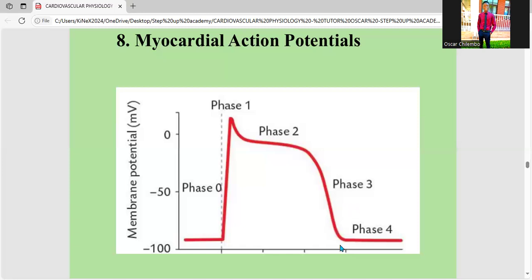So now we have phase 4, which is the resting membrane potential. What is causing the resting membrane potential in phase 4 is that there is actually high permeability of potassium to the medium outside the cell. So potassium is highly leaving the cell. Remember in phase 3, calcium becomes inactive and there is no ion which is moving inside the cell. Hence, bringing this membrane potential to negative 90.